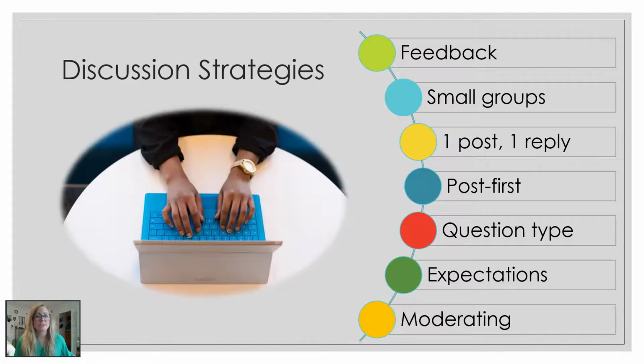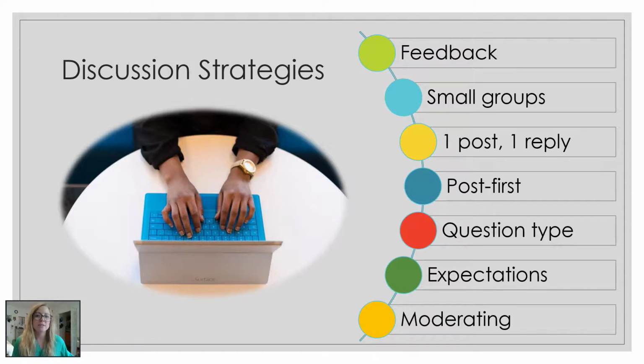A comment that I often get is that it's difficult to get students engaged in online discussion boards and to get them actually participating. So it's important to create intention. I think that's the most important thing. Create intention when you set up a discussion forum and a discussion topic. And I have some strategies here that may give you some ideas in how you can get those discussions started and keep them going.